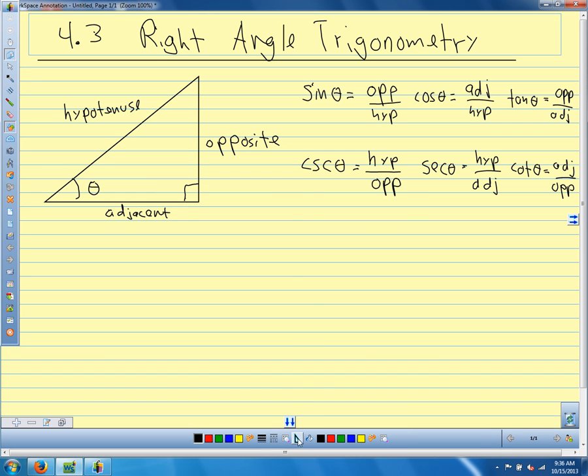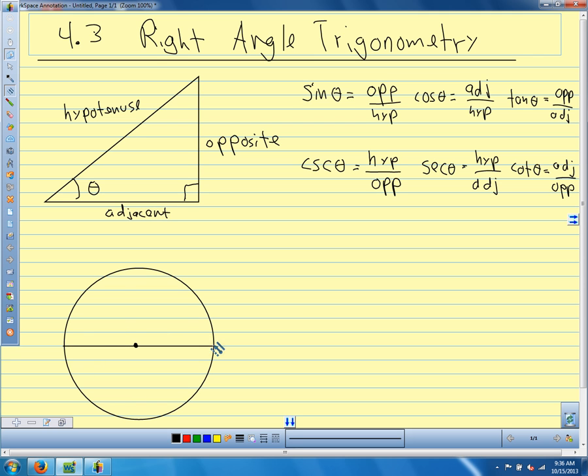Let's draw a unit circle here and talk about how these are connected. So here's my circle. There's my center at 0, 0. Draw my x and y axis here. And here's my point on the unit circle, x, y. And we said on the unit circle that the sine of our angle was y and the cosine was x.